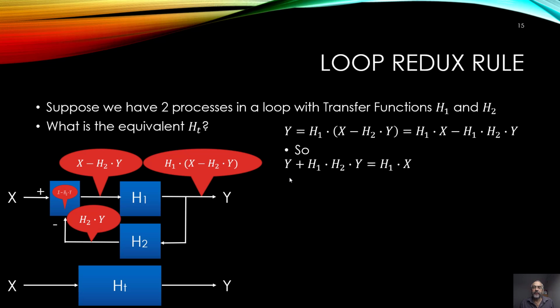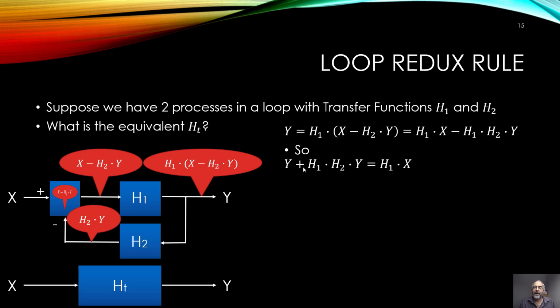Then we can take this term, H1 times H2 times Y, and bring it to the left. So then we get Y plus H1 times H2 times Y is equal to H1 times X. That's what is left on the right.